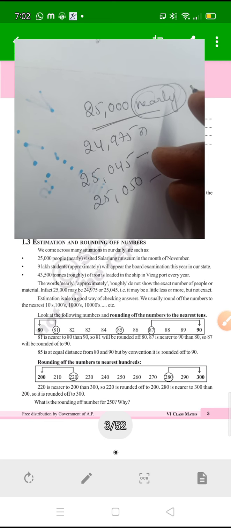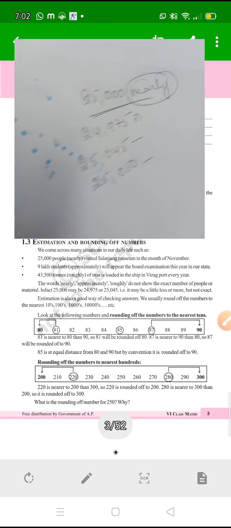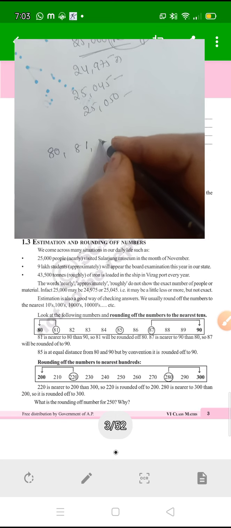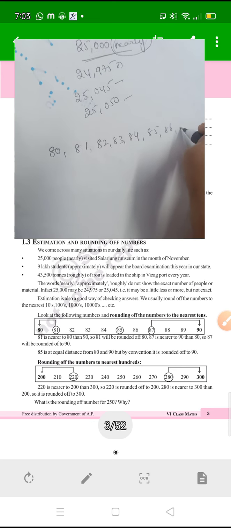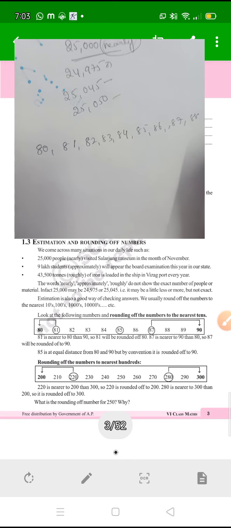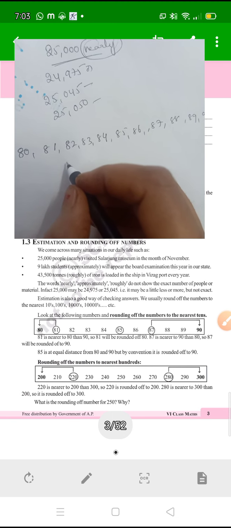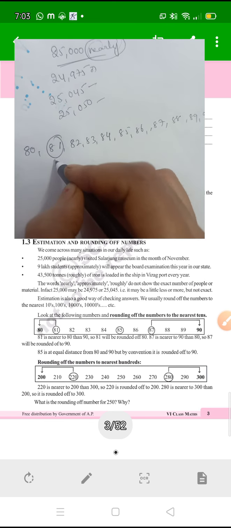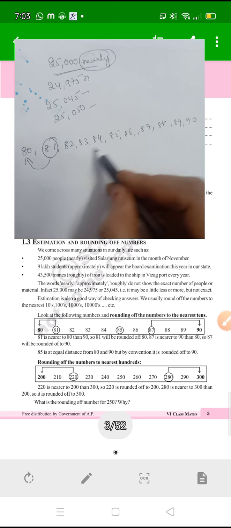Look at the following numbers and round off the numbers to the nearest ones. See here in the table given: 80, 81, 82, 83, 84, 85, 86, 87, 88, 89. 81 is nearer to 80 than 90. 90 is somewhat farther than 81.